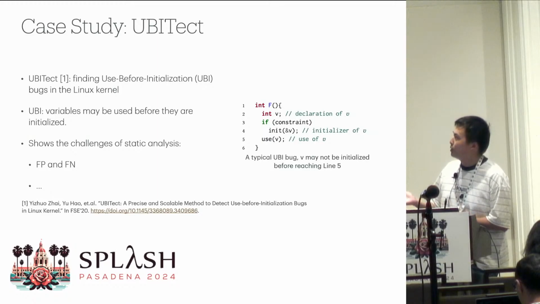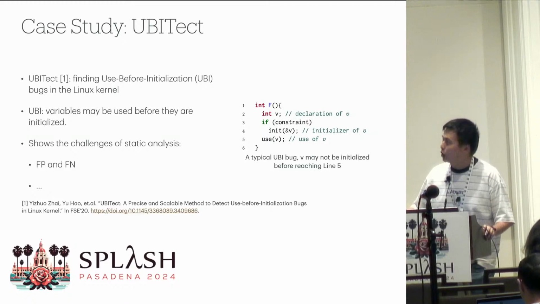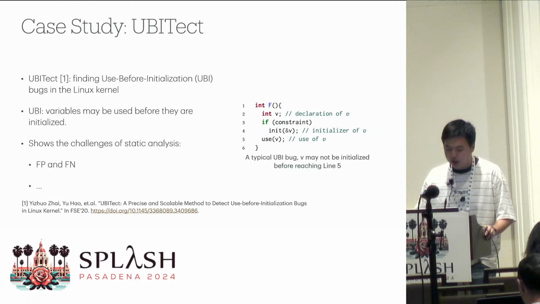For example, the figure on the right shows a variable v declared at line 2, then an initializer for v at line 4, and then v is used at line 5. You can see that at line 5, the variable v may not be initialized because there's a constraint before reaching line 5, so here v is a UBI bug.